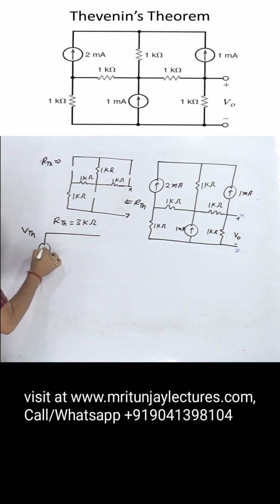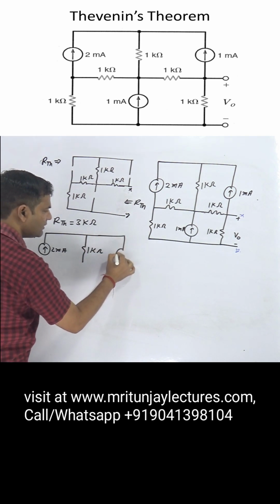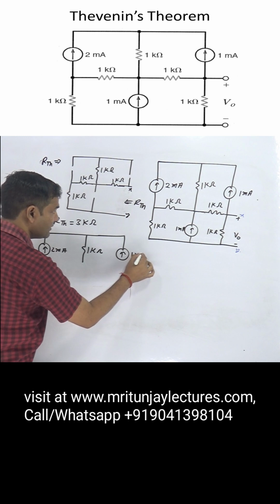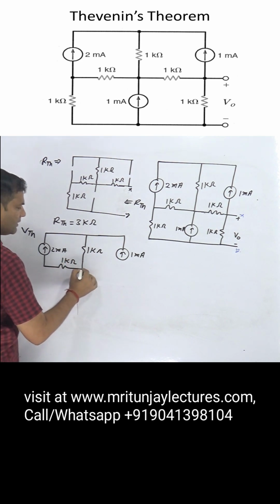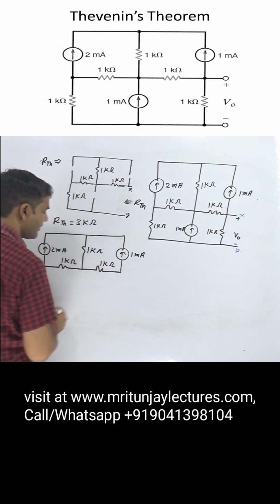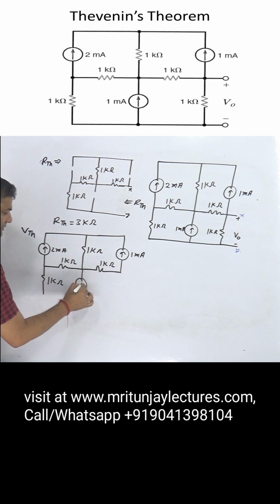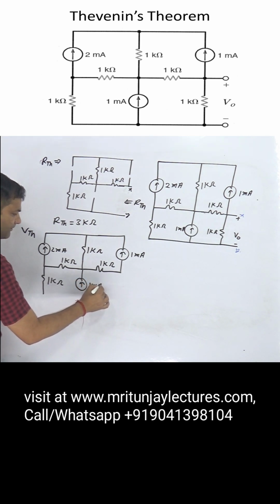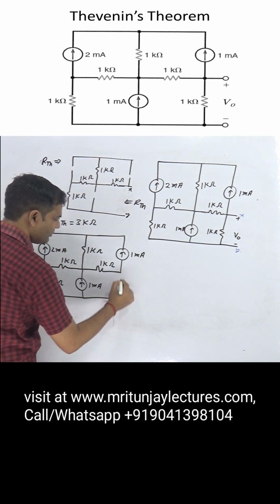That is 2 milliampere, that is 1 kilo ohm, here 1 milliampere, and this one 1 kilo ohm, here 1 kilo ohm, that is 1 kilo ohm, and that is 1 milliampere, and this is open circuit.